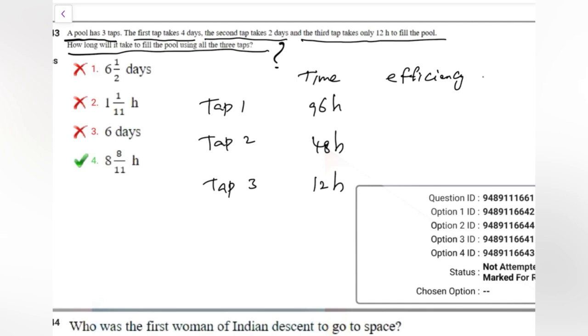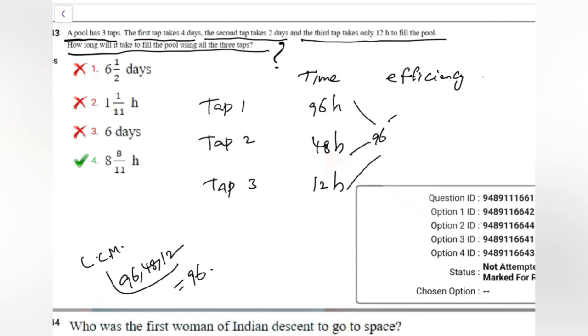The LCM of 96, 48 and 12 is equal to 96. And the efficiency is 1 for tap 1, 2 for tap 2 and 8 for tap 3.